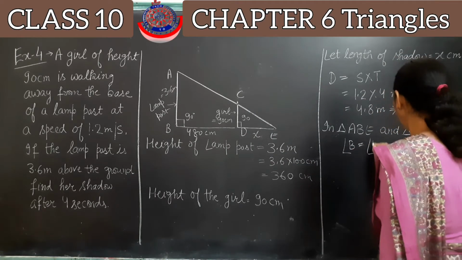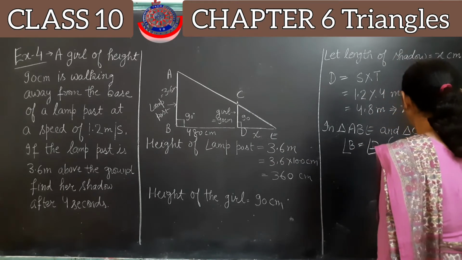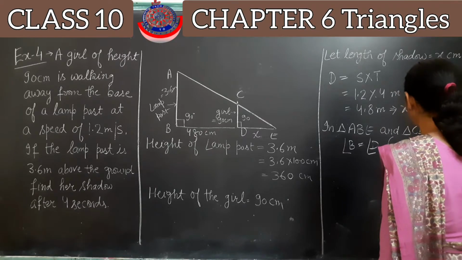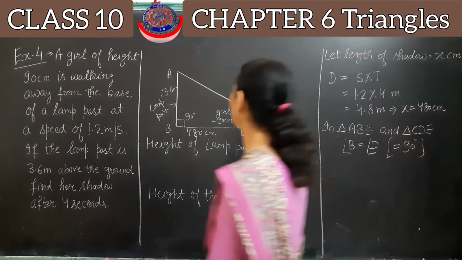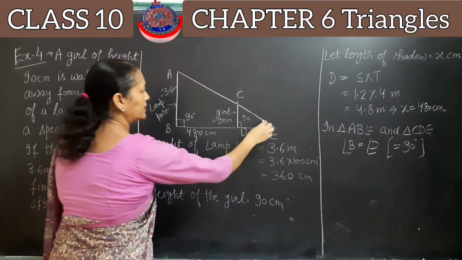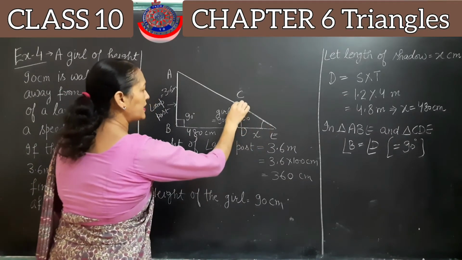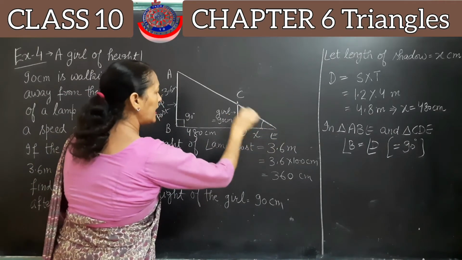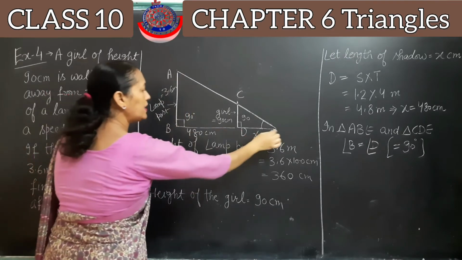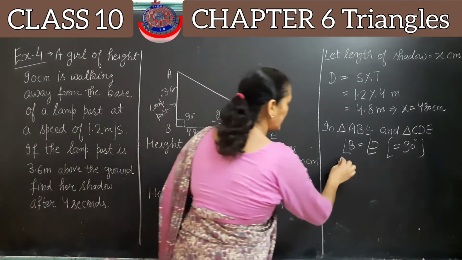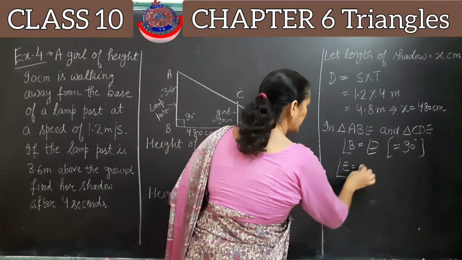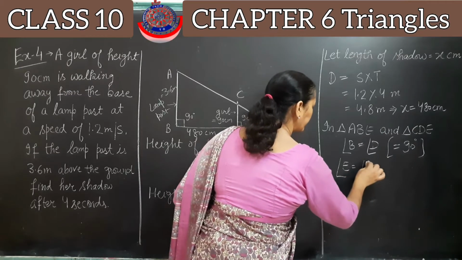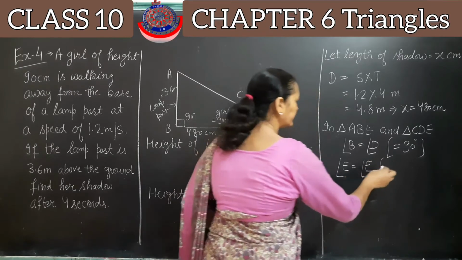Angle D equals 90 degree. Then check this angle E. This angle E is coming in triangle CDE as well as in triangle ABE. That means we can write that angle E is equal to angle E, common.